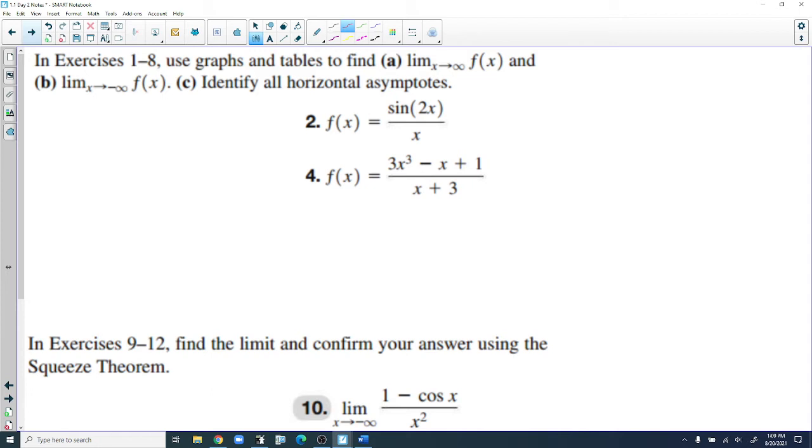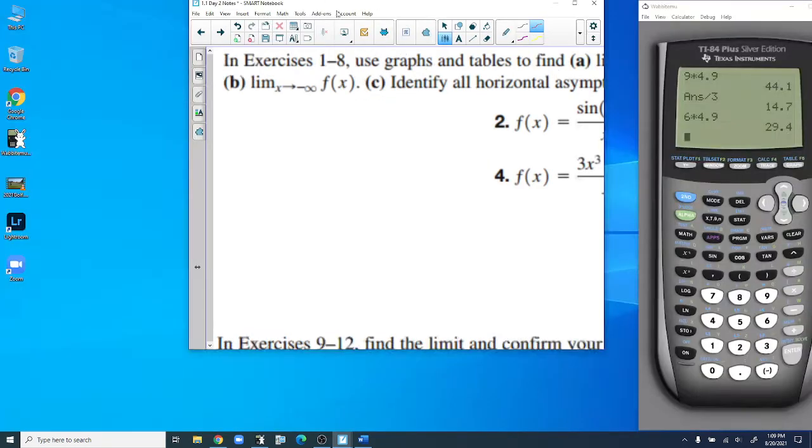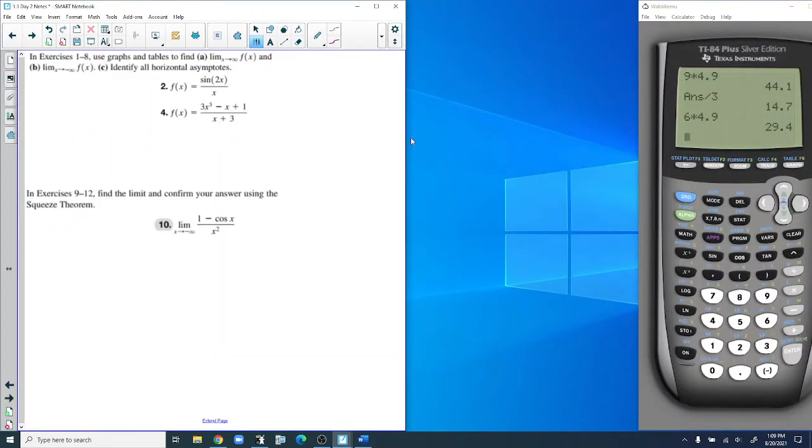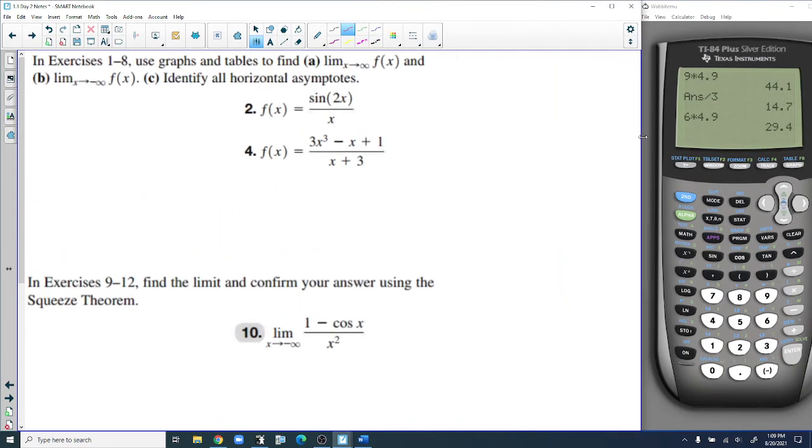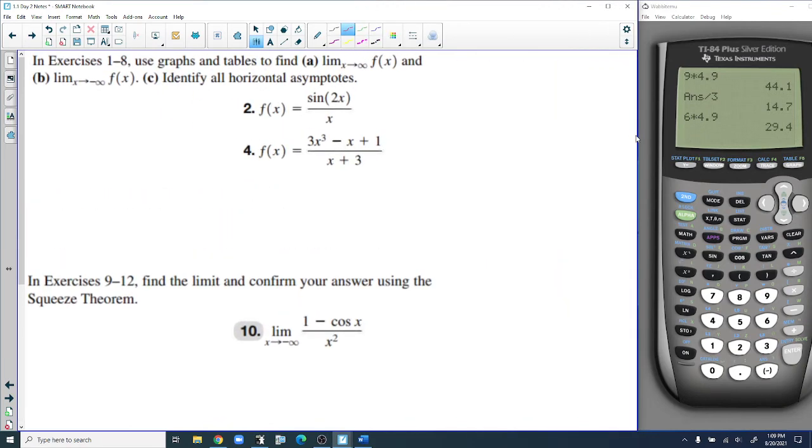Use graphs and tables to find the limit as x approaches infinity and negative infinity, then identify all horizontal asymptotes. Let me set this up so that I can use the calculator and leave it up there. There we go. We're going to go sine of 2x divided by x.